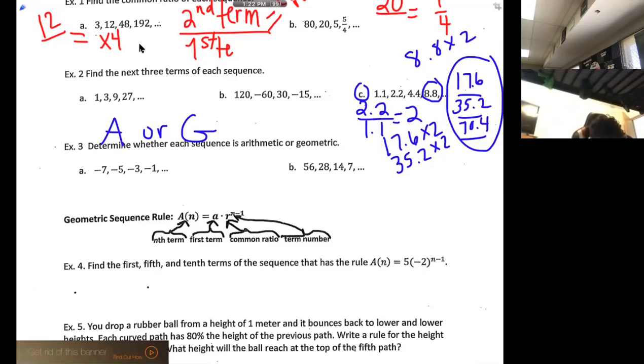Arithmetic sequence. What do you know about arithmetic sequences? Isabel, what do you know about arithmetic sequences? You add to get to the next term. All right, now let's try one of you guys that I tried before. What's a geometric sequence?